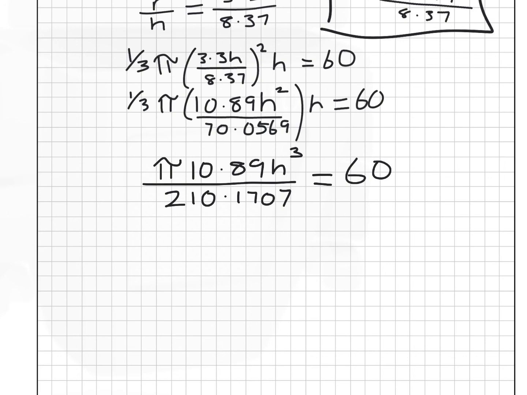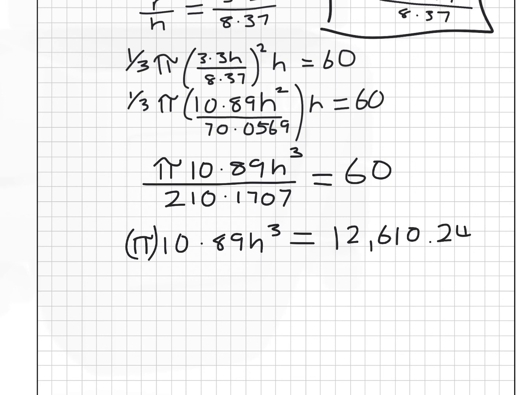Okay, multiplying both sides, my pi goes here at the beginning: pi times 10.89h cubed, and when I multiply 60 by 210.1707, I get 12,610.242.